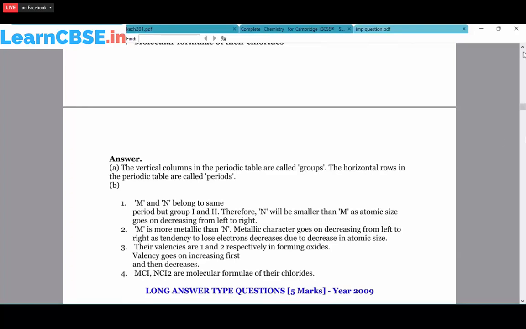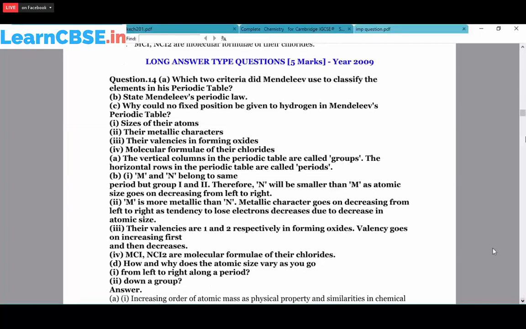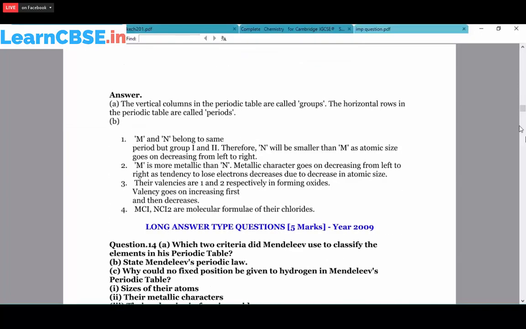Then the next question: molecular formula of the chlorides. The molecular formula of the chloride of M is MCl, because chloride has a -1 charge and M has a +1 charge.